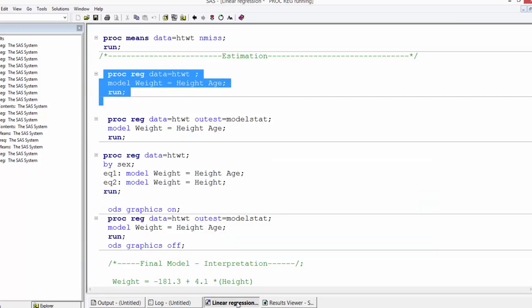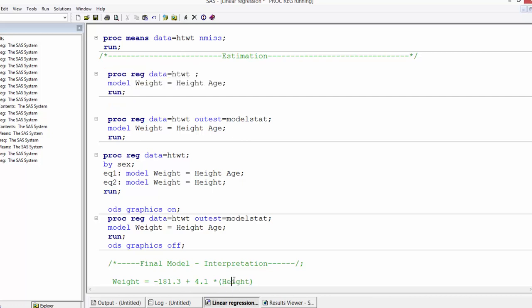So weight equals minus 181.3 plus 4.1 times height. Given somebody's height, you'll be able to find out his weight. So this can be used for prediction purposes. You can predict somebody's weight based on his height by having this equation.